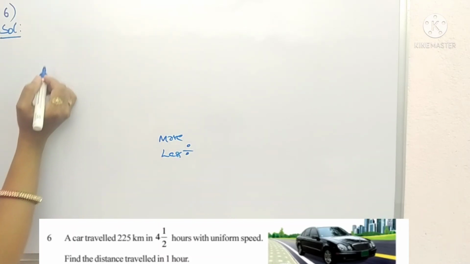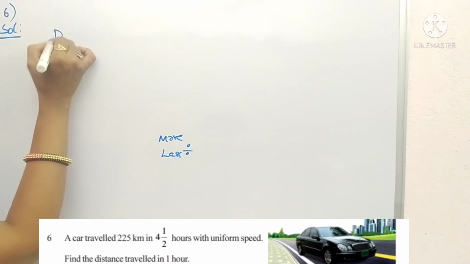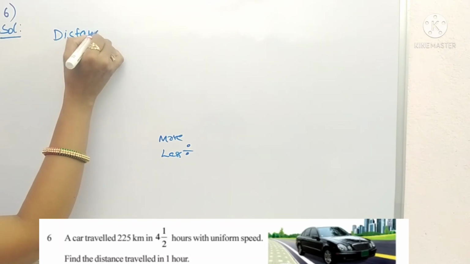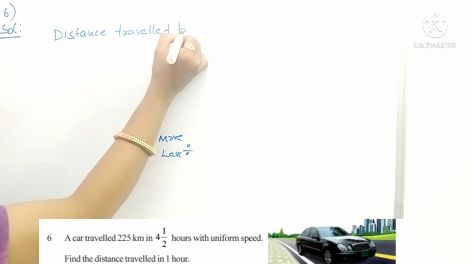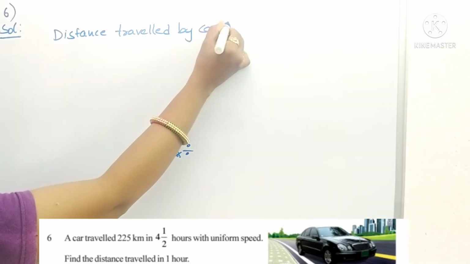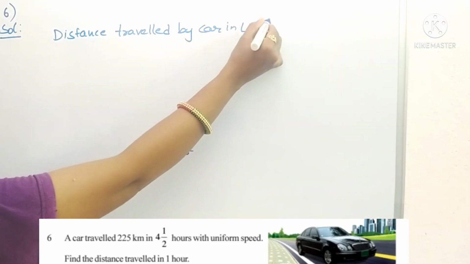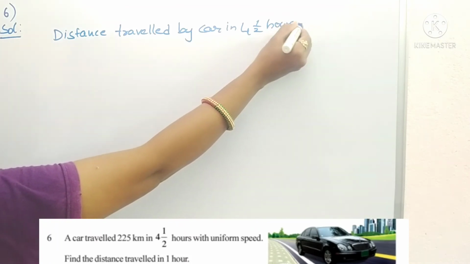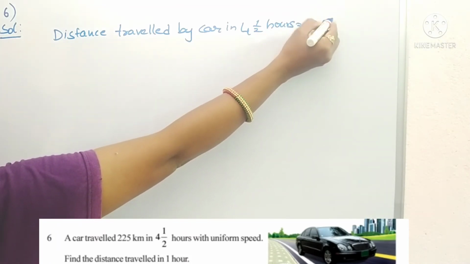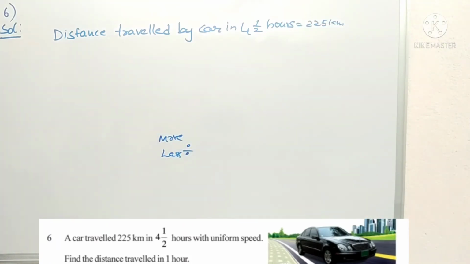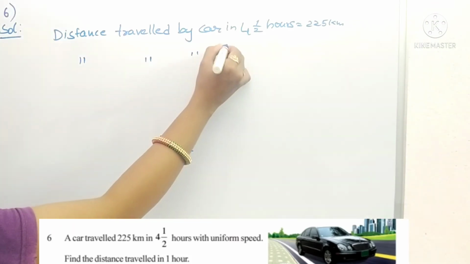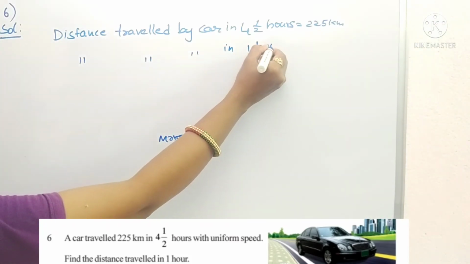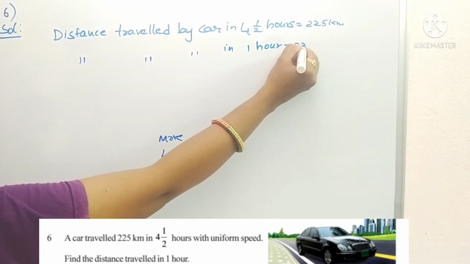Okay. So first we will write the steps. Distance traveled by car in 4.5 hours is equal to 225 kilometers. Okay. Next one, distance travelled by car in 1 hour. How will we get it?